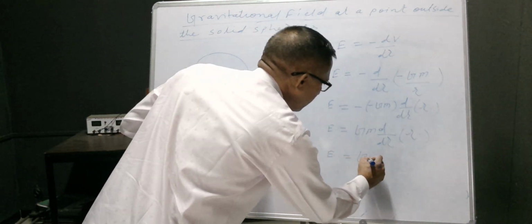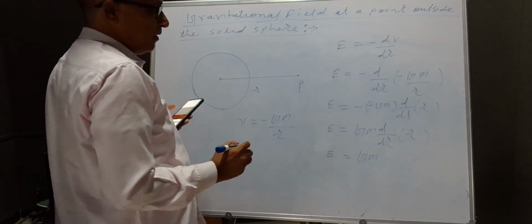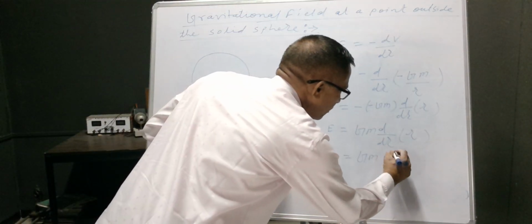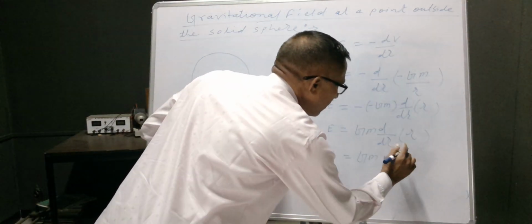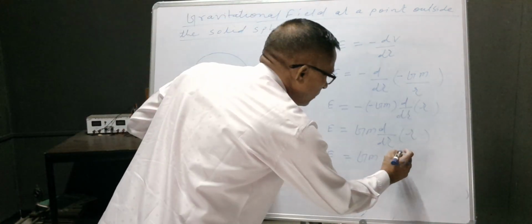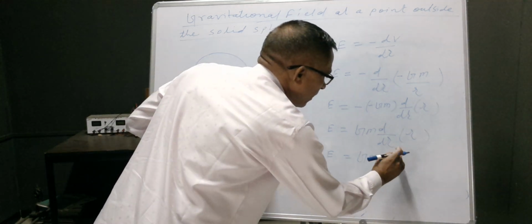Therefore E equals GM into its differentiation, which is 1 into r raised to minus 1.